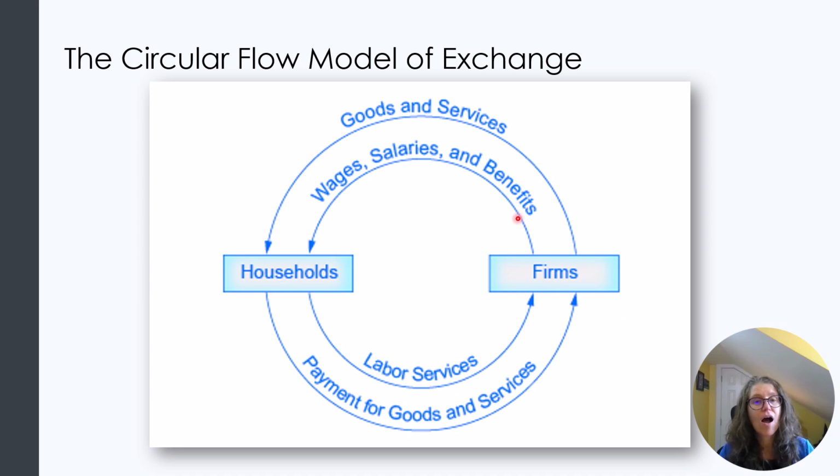And entrepreneurship is what creates the firm in the first place, right? That visionary leader who saw an opportunity and took the risk to start and run and maintain a business. So this provides us the important basic model of all economic exchanges that we have in our global society right now.